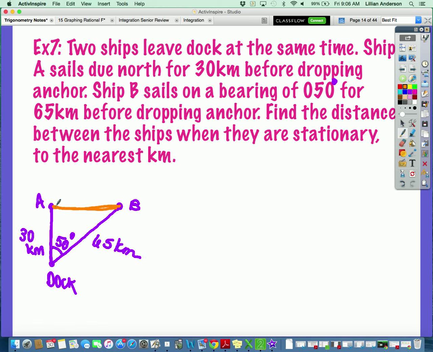Okay? So let me actually draw this a little bit better. Because 65 kilometers is longer than 30, right? So this is actually going to extend a little bit further. Okay? This does not form a right triangle.